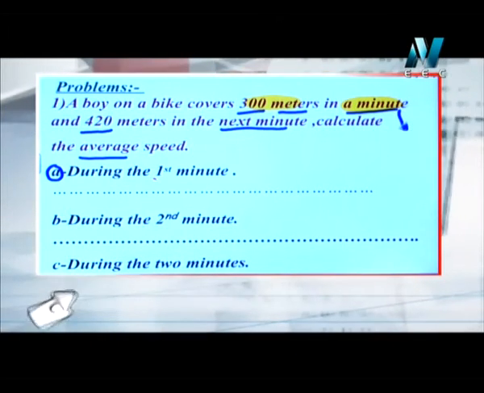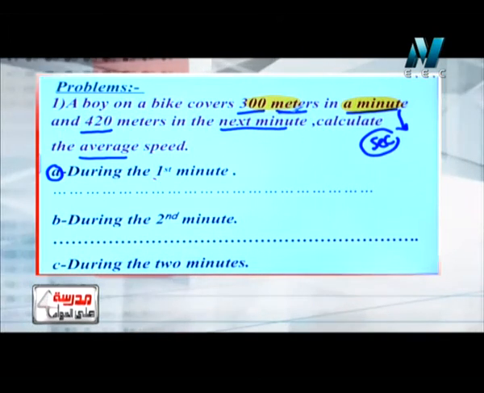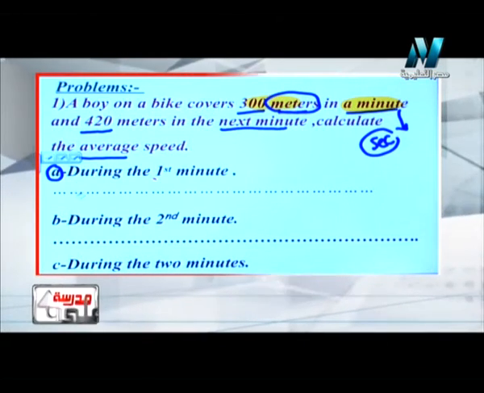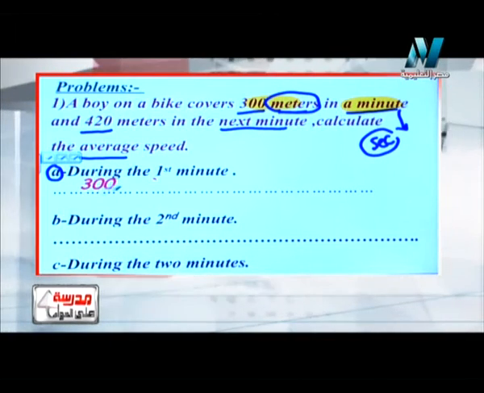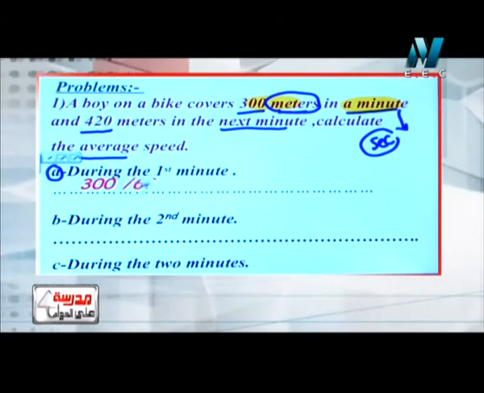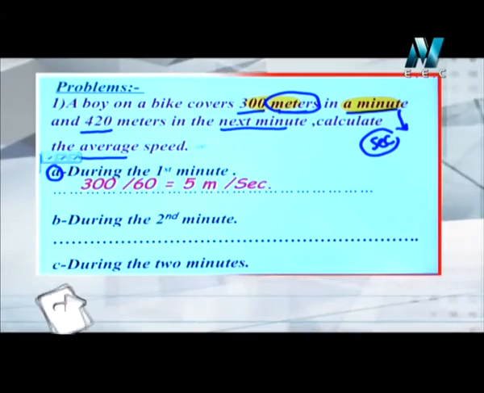Into second. Why second? Because the measuring unit of distance is meter here. So we can write, during the first minute, the speed is 300 over 60, equals 5 meters per second. So we calculate the average speed.